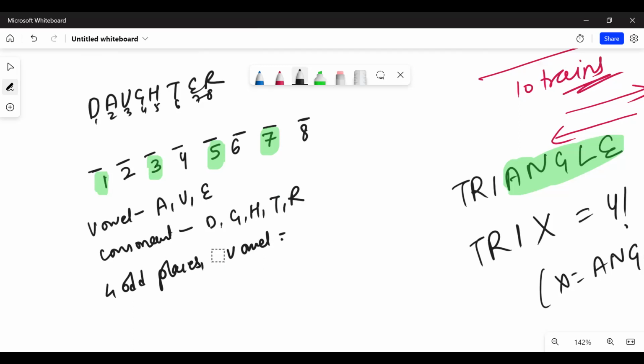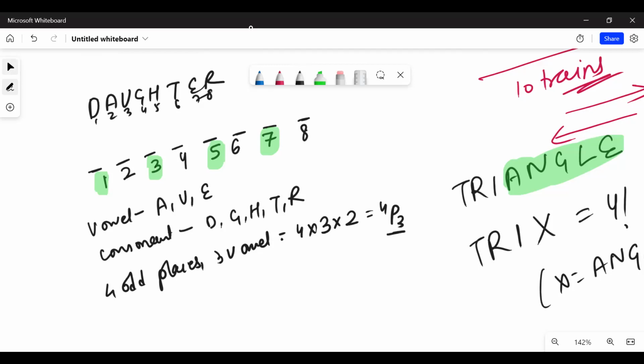You can write directly as 4P3. Suppose you don't understand this, ignore it. The first vowel can come in any of the 4 places, the second vowel in any of the 3 places, the third vowel in any of the 2 places. This is nothing but 4P3.